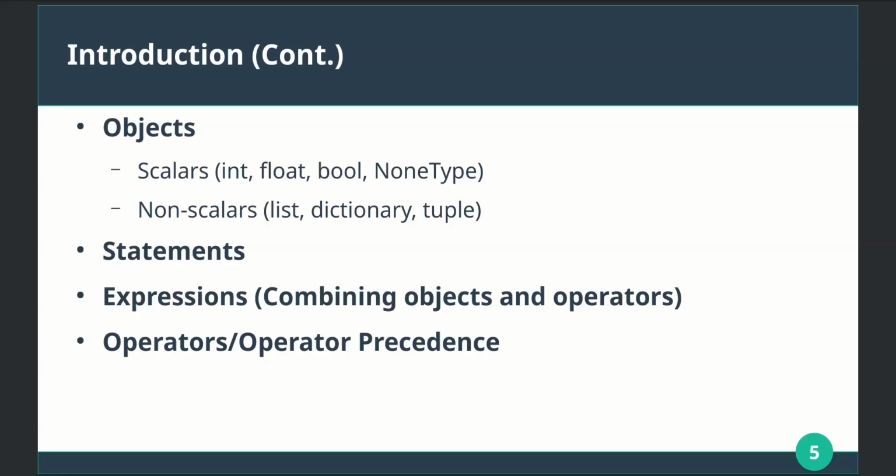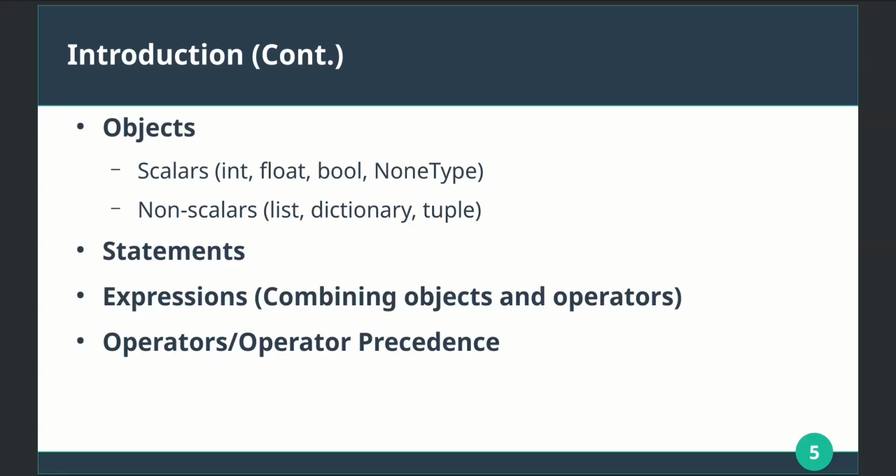Generally, we have two types of objects, which can be scalar or non-scalar objects. Scalar objects include things like integer, float, boolean, and NoneType, while non-scalars include list, dictionary, and tuple. In a simple way, scalars store a single value, whereas non-scalar objects are those objects that can store multiple values.